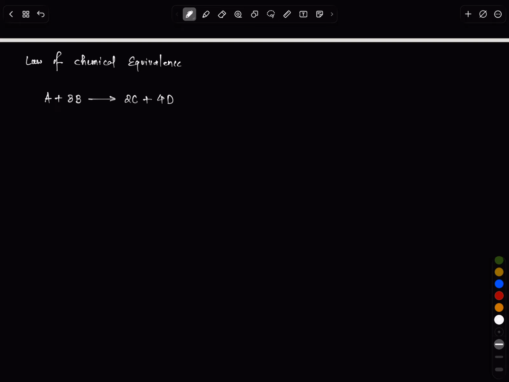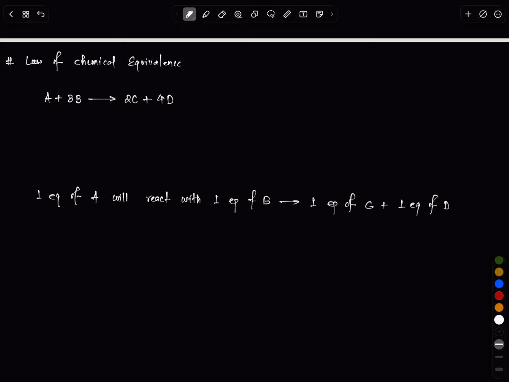So A reacts with B and produces C and D. What does the law of chemical equivalence say? It says one equivalent of A will react with one equivalent of B, and it will produce one equivalent of C and one equivalent of D, irrespective of their stoichiometric coefficient. So that's the beauty of the equivalent concept.